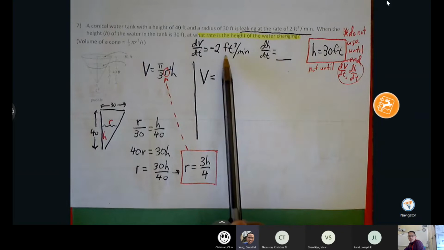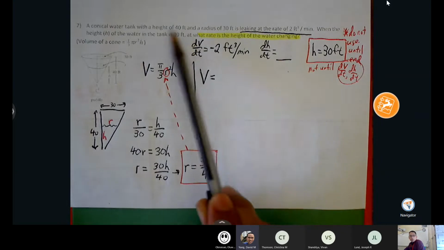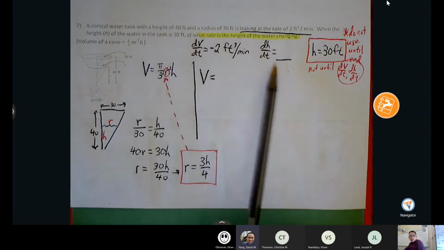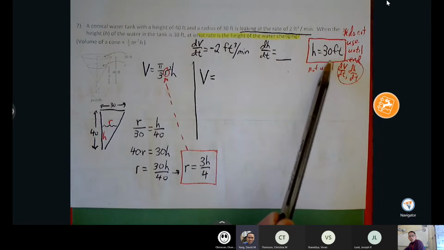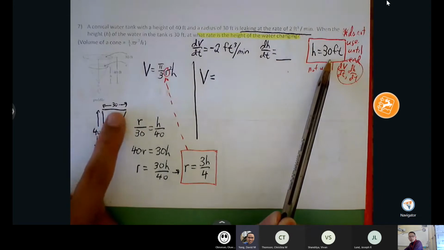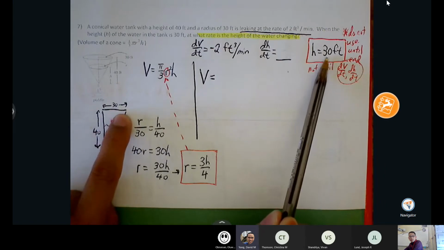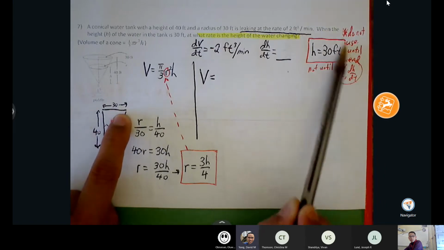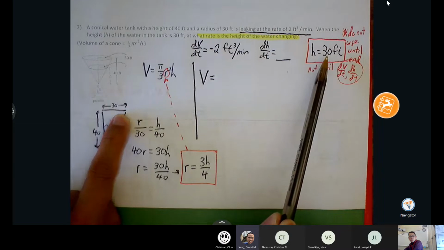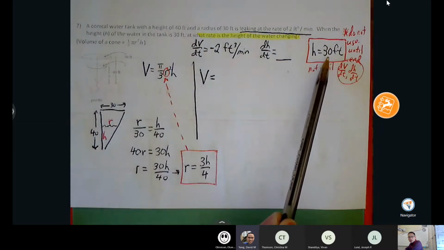So we know that's dV/dt. When the height of the water is 30 feet, that is H. So we don't want to confuse this with this, right? So that's the radius of the container. This is the height of the water level at a specific moment in time. We know that this is a variable. This value is not going to be the same a second earlier or a second later.